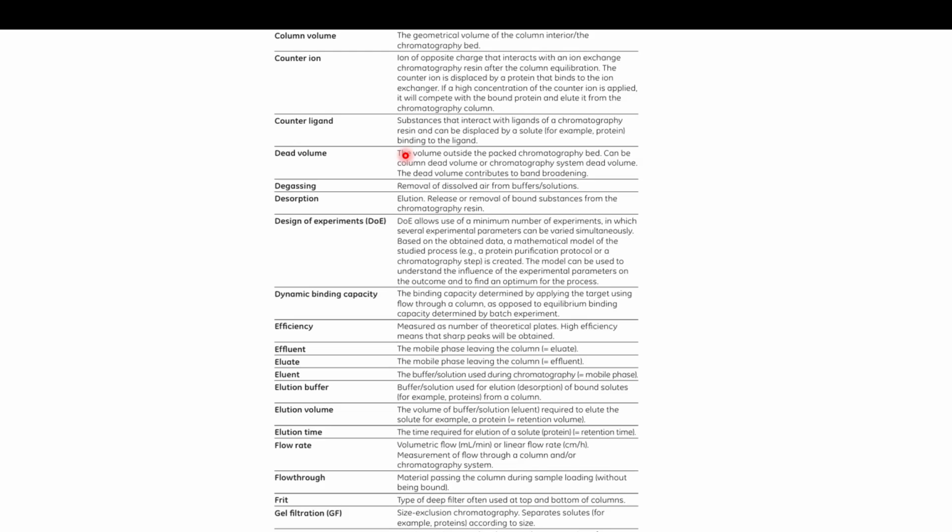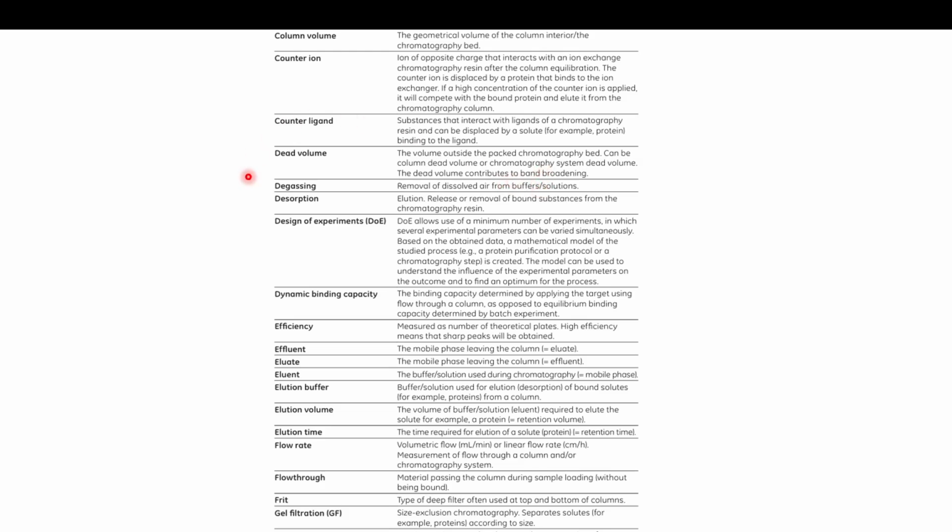Okay, how we were looking at agarose gels, polyacrylamide gels, right? So there were pores in between. So basically, dead volume is the volume outside the packed chromatographic resin or chromatography bed.